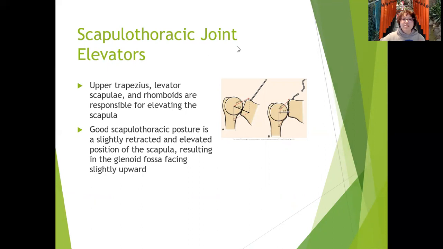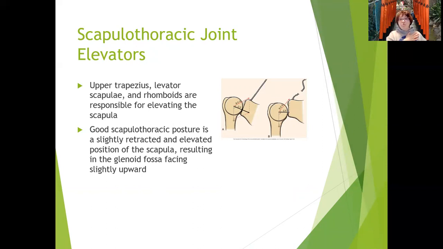So in this diagram, the string represents the upper trapezius elevating the scapula to get that upward facing glenoid fossa. If the upper trapezius is weak or has some nerve damage, something like that, you could get subluxation of the glenohumeral joint because you don't have that support to elevate and slightly upwardly rotate the scapula.